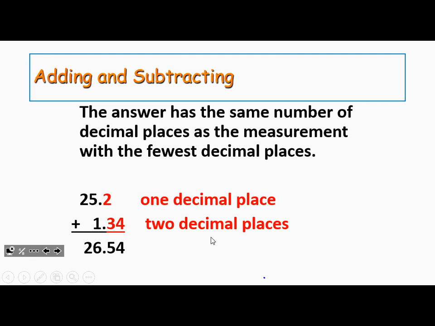So I'm going to round right here. I'm going to have 26 point something because that 10th place is the largest one. Does the 4 cause the 5 to round up? No, it does not. So my correct answer here is going to be 26.5. 1 decimal place past.